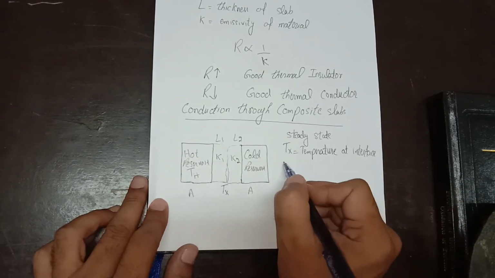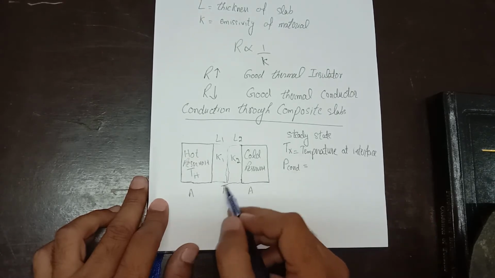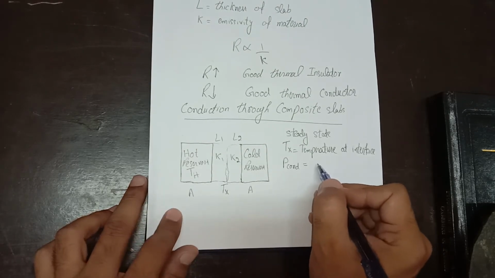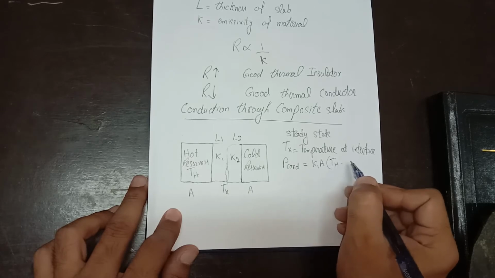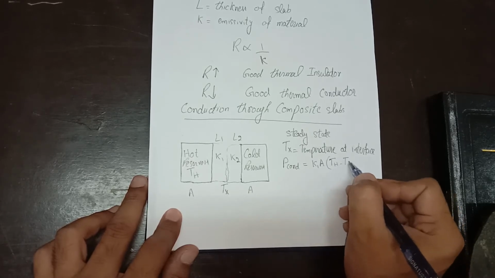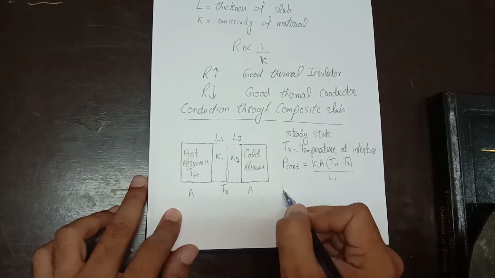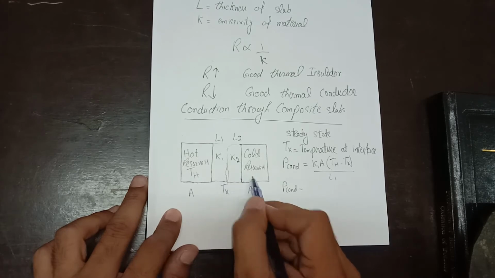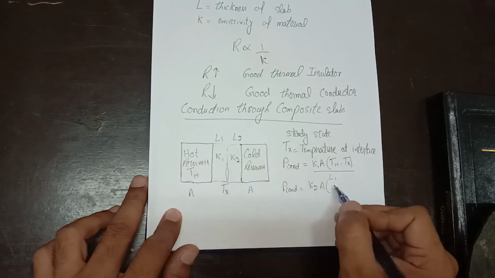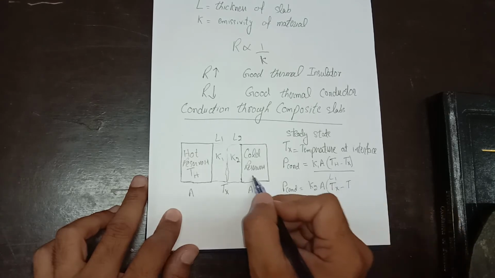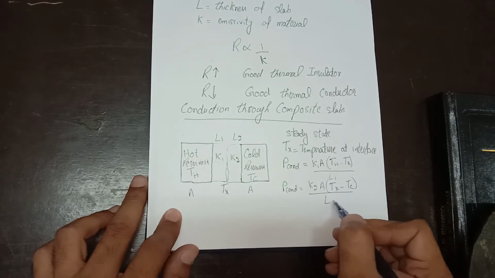Now the conduction rate from this hot reservoir to this interface would be K1A (TH minus Tx) over L1, and the conduction rate from this interface to this cold reservoir would be, since its emissivity is K2 and area remains the same, K2A (Tx minus Tc), where Tc is the cold reservoir temperature, divided by its length, that is L2.